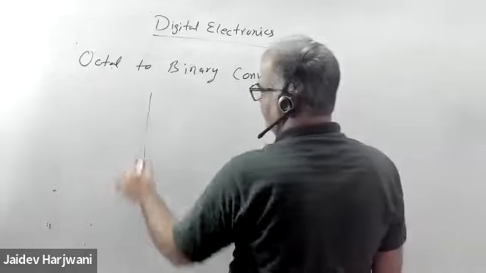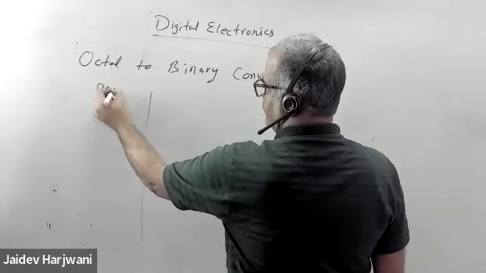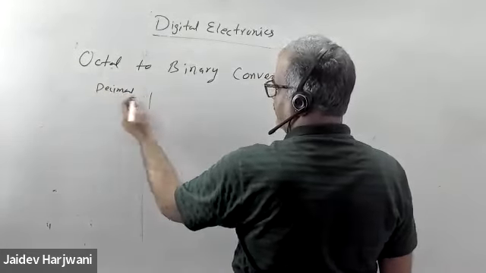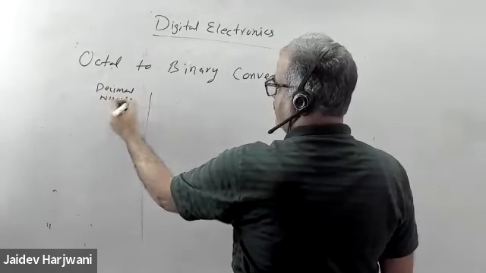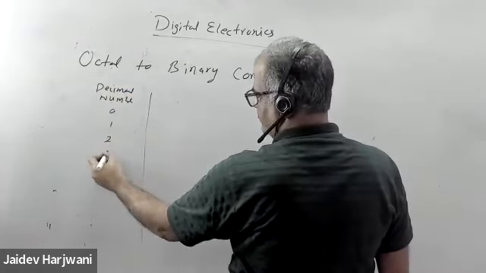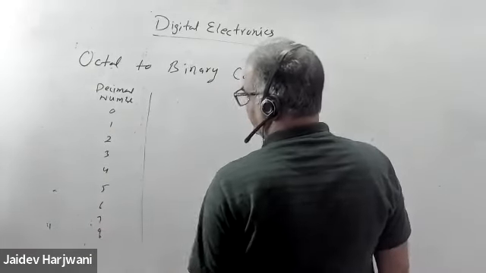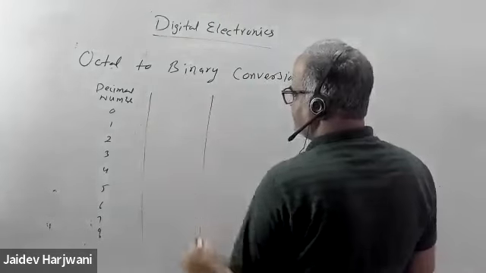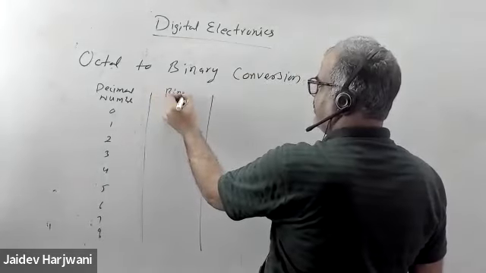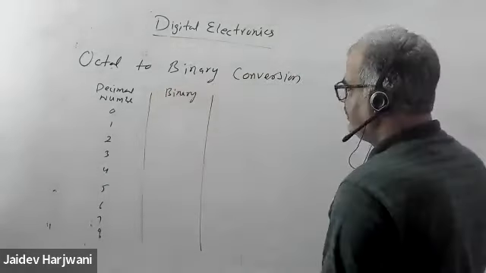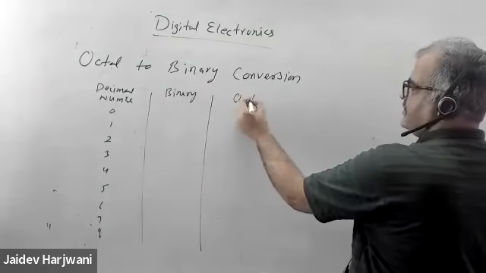Okay, so I have a decimal number. Decimal number, so 0 1 2 3 4 5 6 7 8. Okay, and I have a binary number system. Okay, and then I have octal number system.